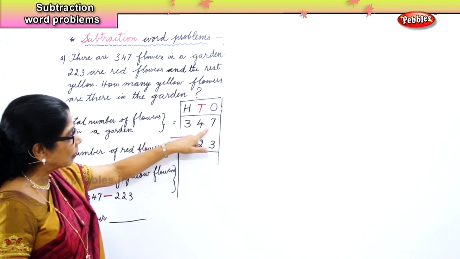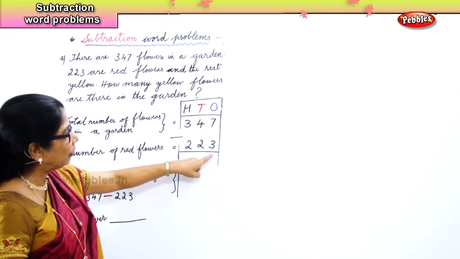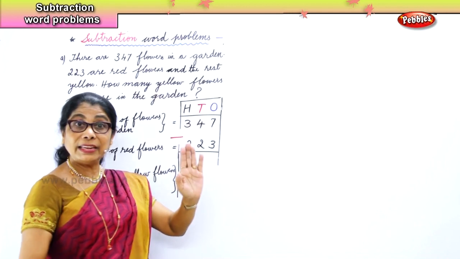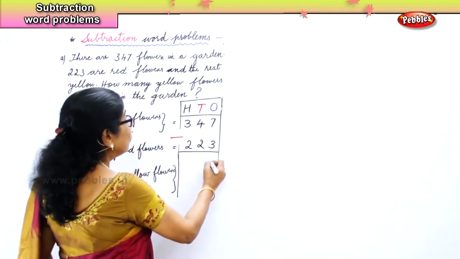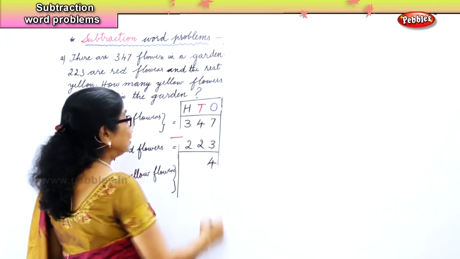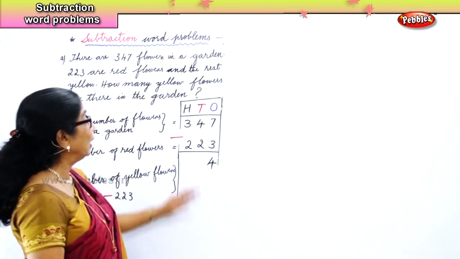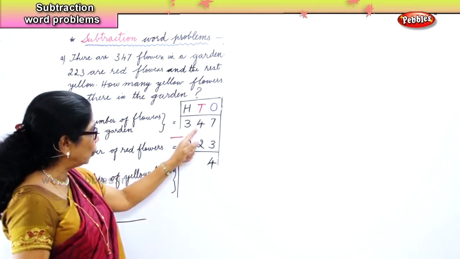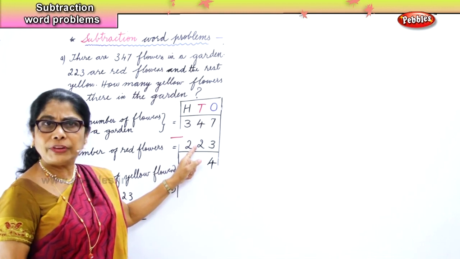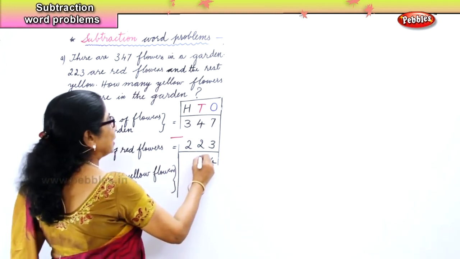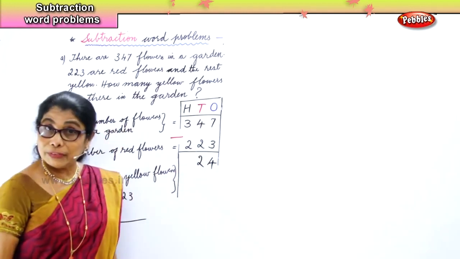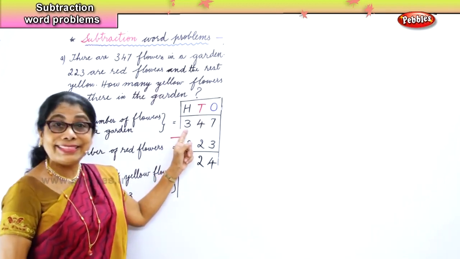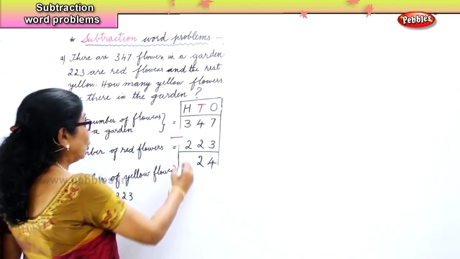In the ones place, you have 7. Take away 3, 7 take away 3 is 4. In the tens place, you have 4. Take away 2, 4 take away 2 is 2. And finally, 3 take away 1 is 1.